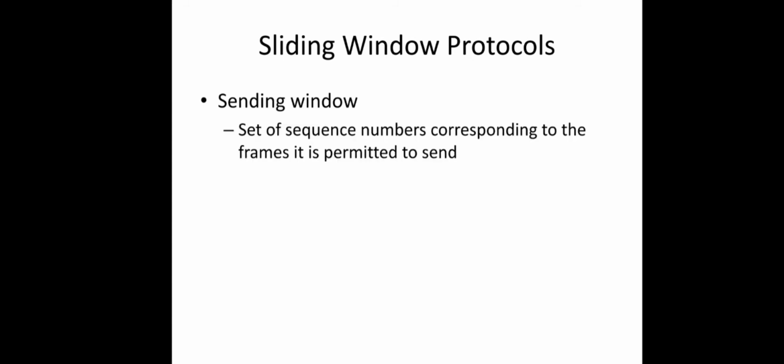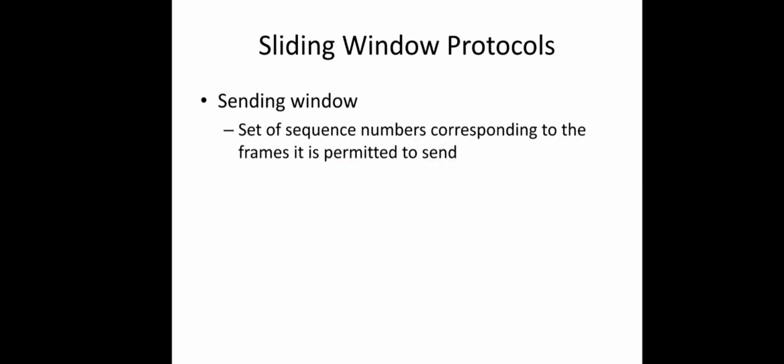Using this pipelining, we have a set of protocols called sliding window protocols. Why it is called sliding window, we can see with examples. In a sliding window protocol, the basic things are two windows. A window kept by the sender is called the sending window, which is a set of sequence numbers corresponding to the frames it is permitted to send.